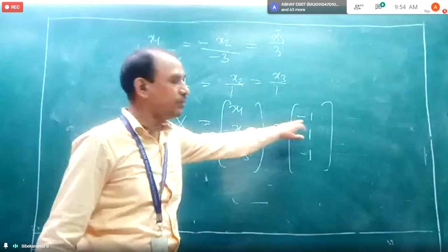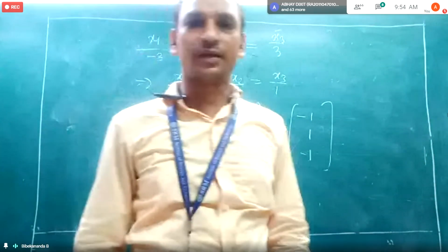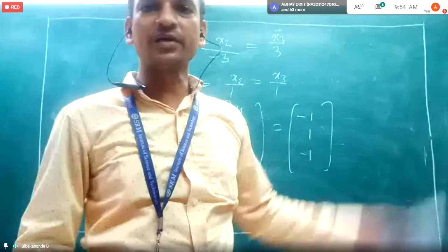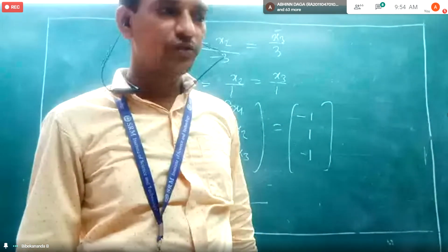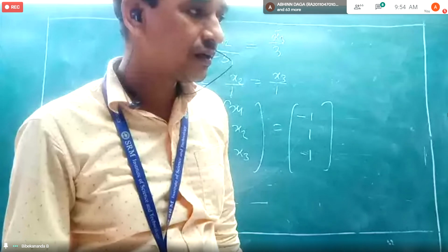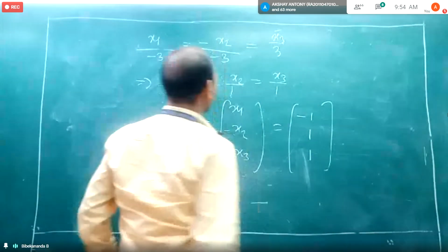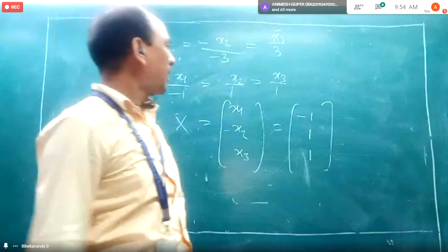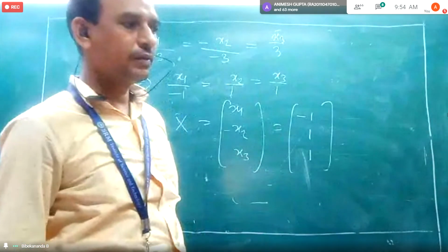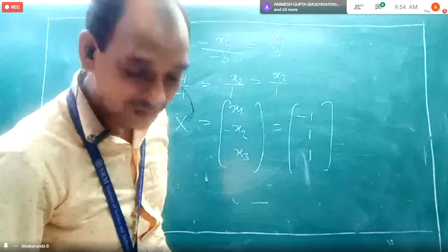So x1, x2, x3 will be minus 1, 1 and 1. Sir, for x3 you have written minus 1. No, that is plus 1 only. Sir, before x2 you also added minus. Where? Before x2.